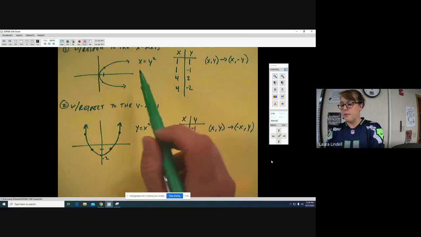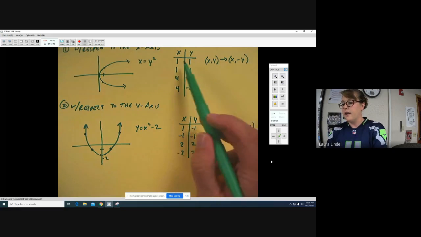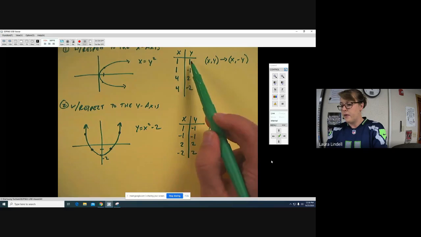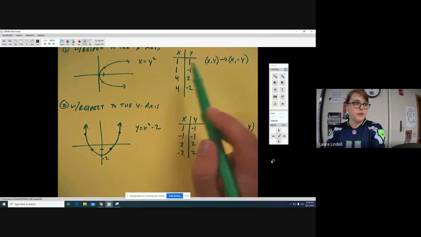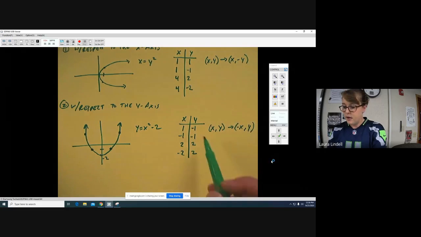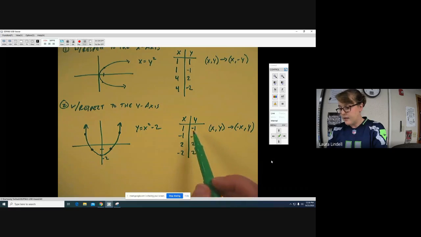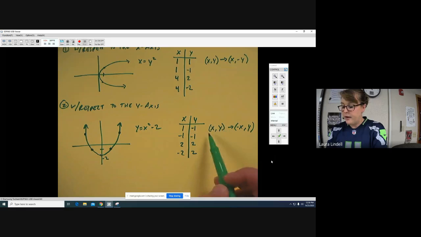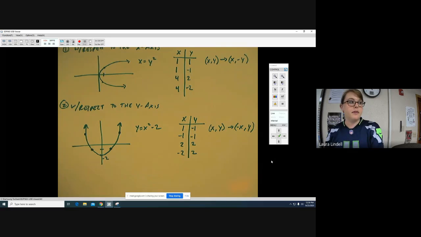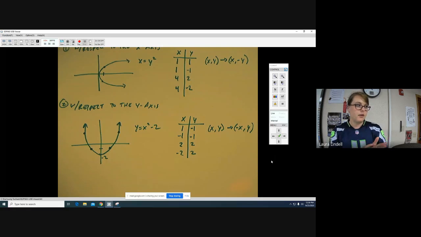When you've got y-axis symmetry, you've got a point, and then you've got the same point with the x value with the opposite sign. Okay.